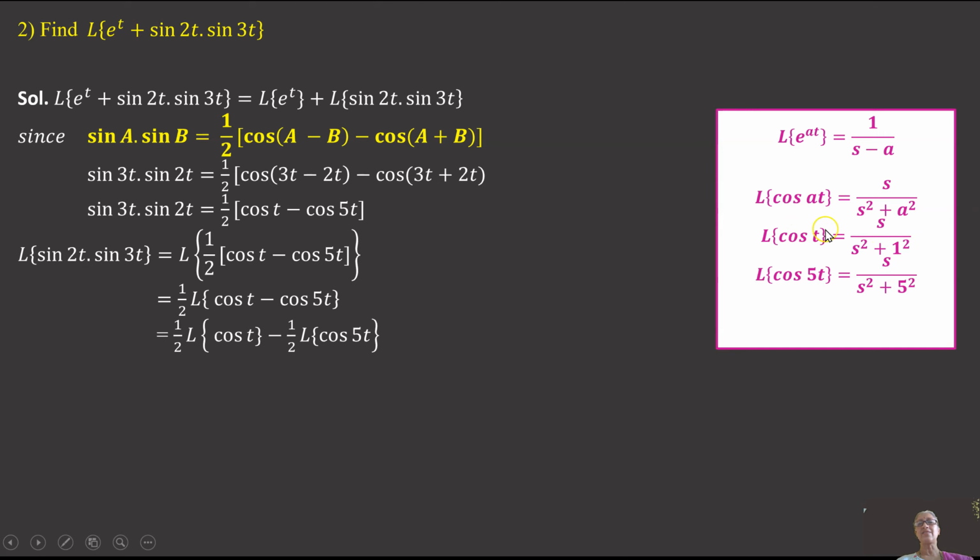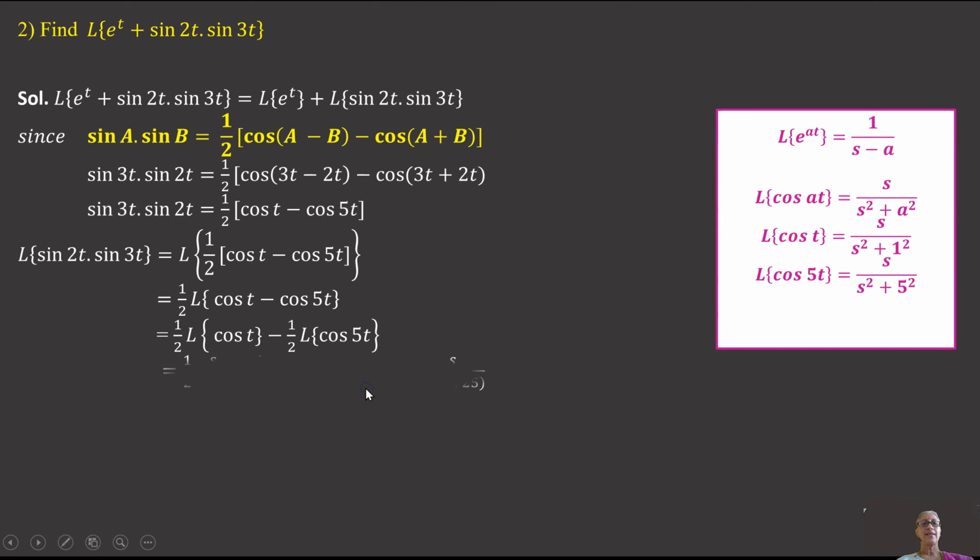We get the Laplace transform of cos t by comparing cos t with cos at. So here a equals 1. When you replace a by 1 in the general formula, we get the Laplace transform of cos t equals s by s square plus 1. In the same manner, the Laplace transform of cos 5t equals s by s square plus 5 square.